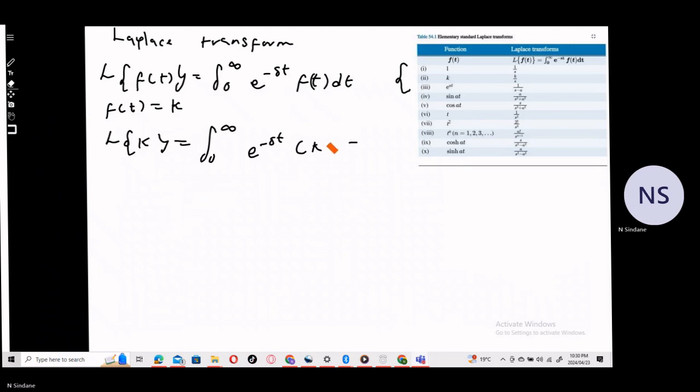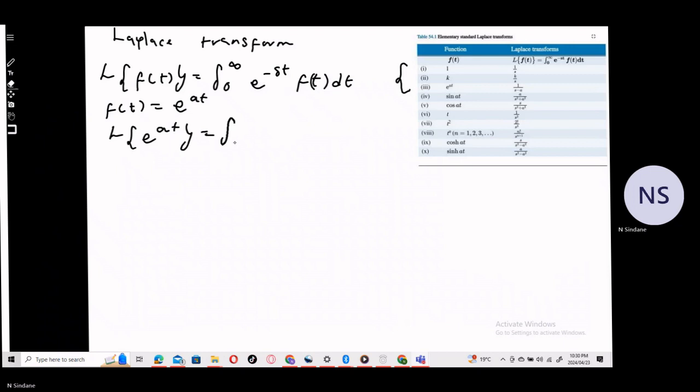After proving all of this on the table that we have, we'll definitely do problem solving questions. Okay, now we want to prove that the Laplace transform of e to the power at is equal to 1 over s minus a.